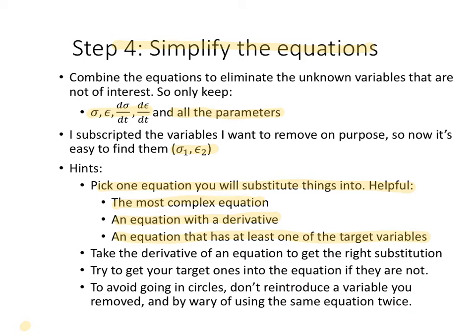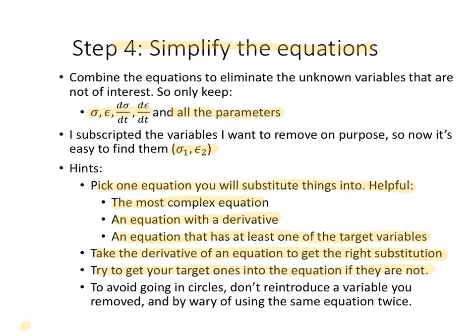Once you've picked that, if you need a derivative and you only have an equation with the variable, you can always take the derivative of both sides of an equation to get the substitution you need. Try to get your target variables, the sigma and the epsilon, without subscripts into your equation if they're not already there. Don't worry about introducing a new subscripted one that's not in there; you'll probably have to do that.